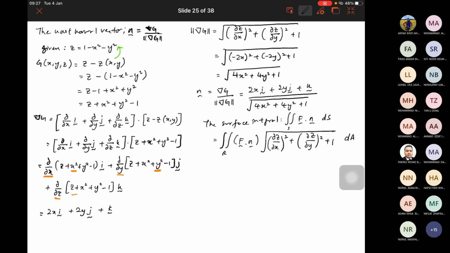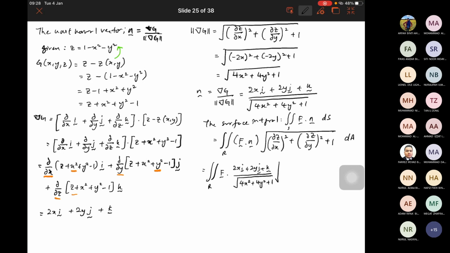So calculating the surface integral, it will be equal to integration over the bounded region R of f dot n, which is the vector f multiplied by the unit normal vector n. Tadi kita ada 2xi tambah 2yj tambah k over square root of 4x squared tambah 4y squared tambah 1, dikalikan dengan delta z over delta x.